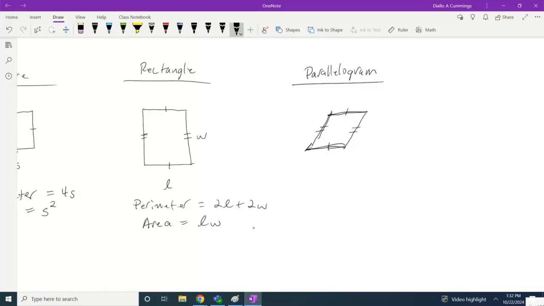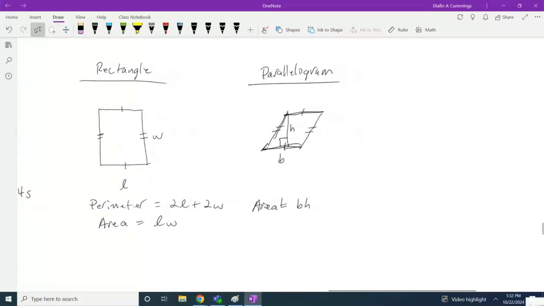In a parallelogram, we have what's called the base and what's called the height. To find the area of a parallelogram, we just multiply the base times the height. To find the perimeter, you would simply add up all your side lengths. But for the area, you have to multiply the base times the height. And the height would be the vertical piece that would be given.